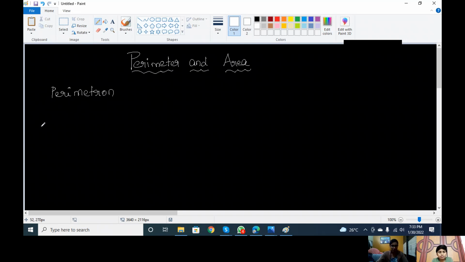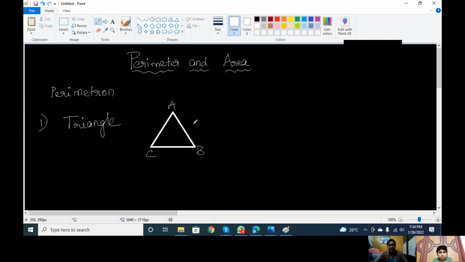So the first one I am picking up is the triangle. I name the triangle as ABC. Perimeter means measuring the boundary. How to measure the boundary of a triangle?